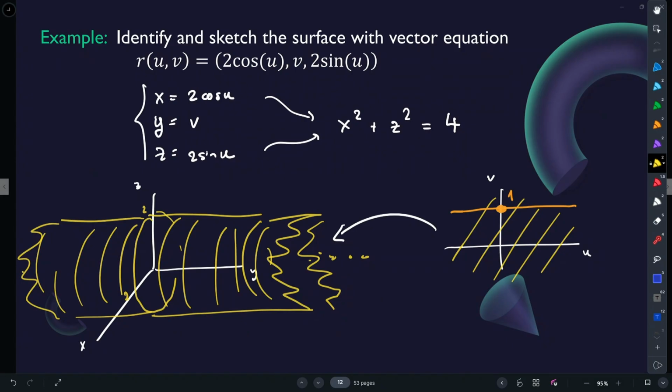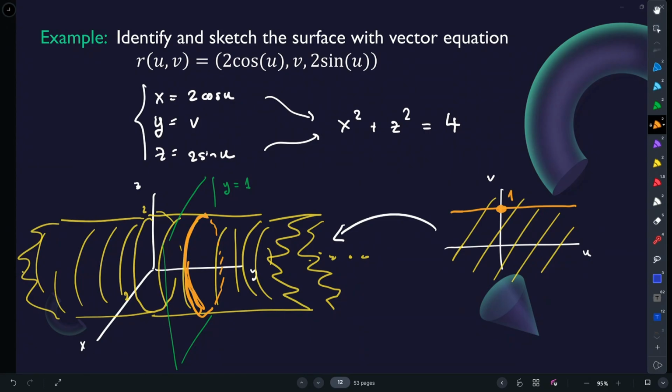But if y is fixed equal to 1, what that means is that I'm intersecting with y equals 1 and seeing what curve I get in there. And that curve will be this circle.